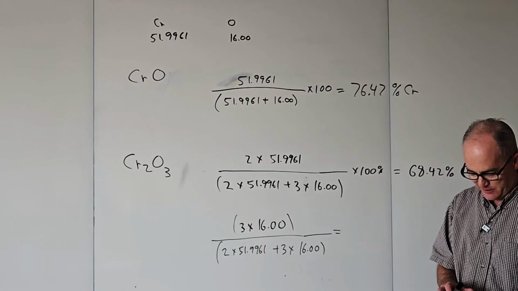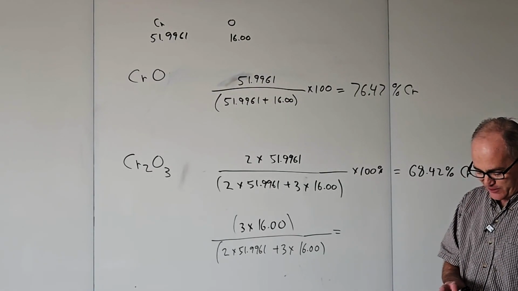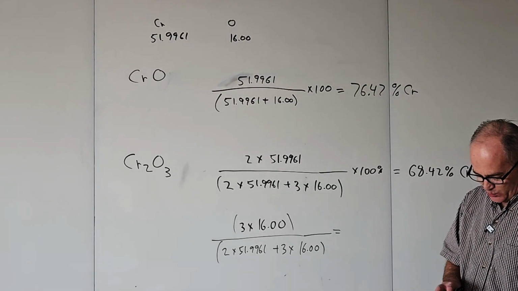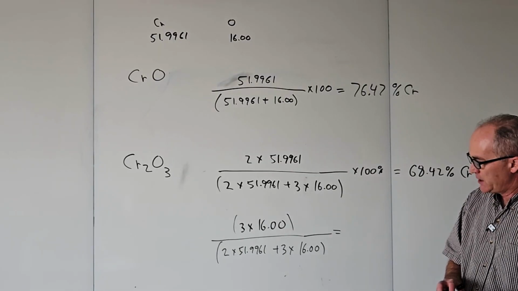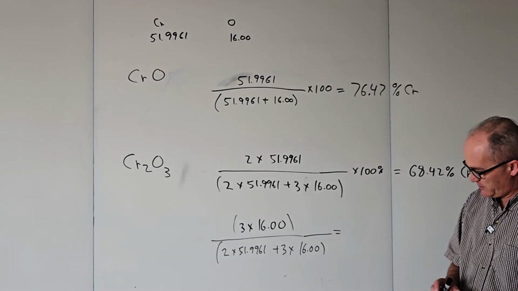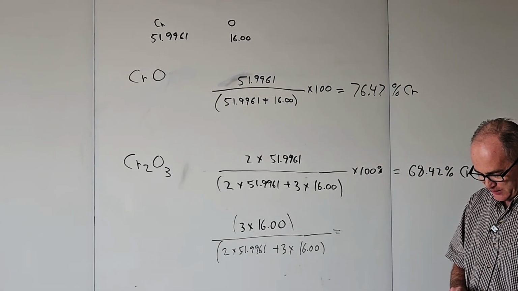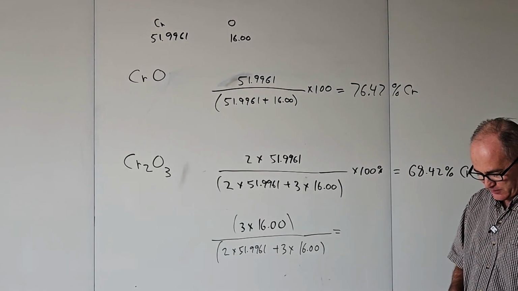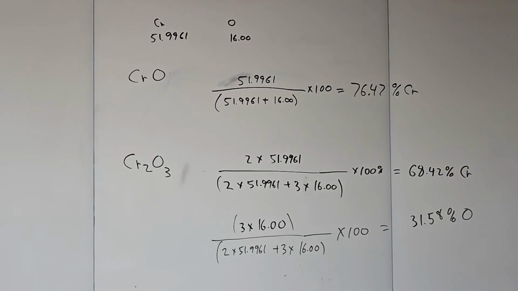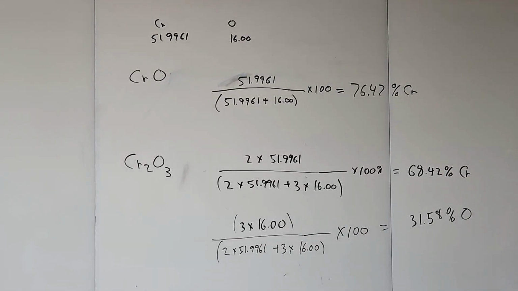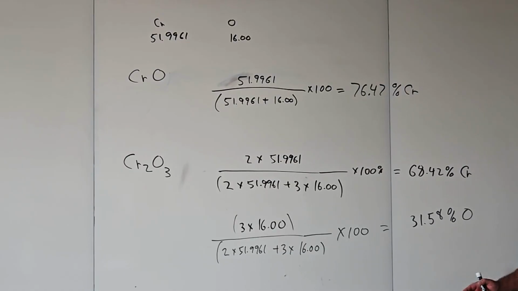I'm going to just hit enter, and then I'm going to divide, and, oh my, I've got to use parentheses. 2 times 51.9961 plus 3 times 16 in parentheses, times 100%. Woohoo, there's our percent oxygen. And notice these should sum up to 100, right?